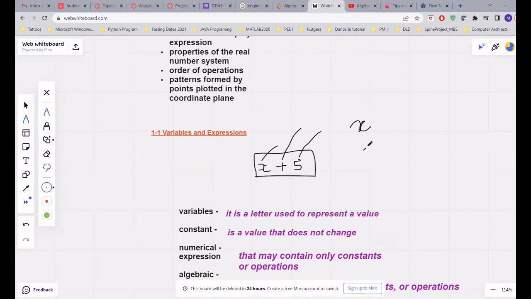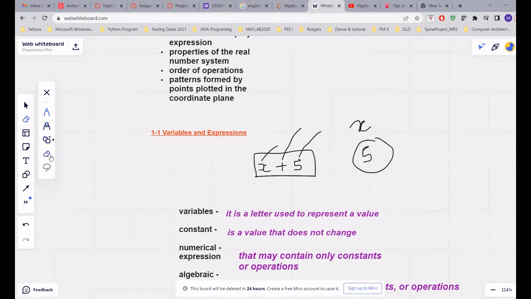A constant 5 can just be an algebraic expression as well. So this is an example of an algebraic expression, but not a numerical expression. Well, 5 is both an algebraic expression as well as a numerical expression.